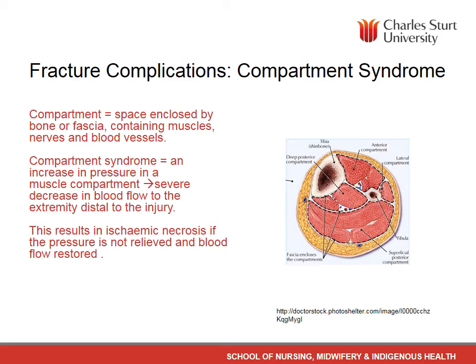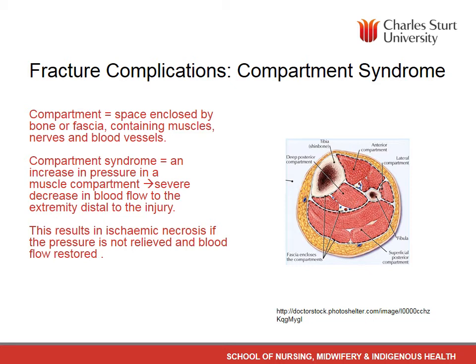So loss of function can be permanent after 4 hours, because what happens is that an increase in pressure in a muscle compartment causes a severe decrease in blood flow to the extremity distal, or on the other side of the injury. So that can cause damage to the nerves, and it can also cause damage to blood vessels and block blood vessels, so that oxygenated blood is no longer getting to the distal part of that limb.